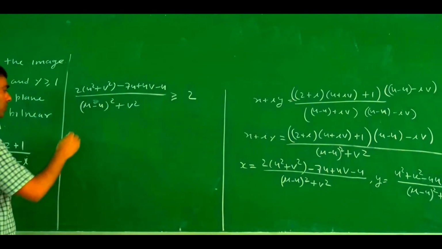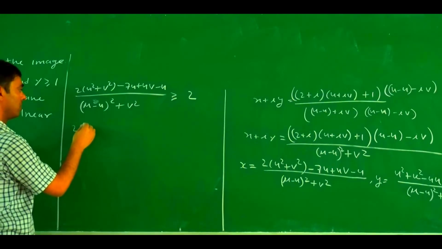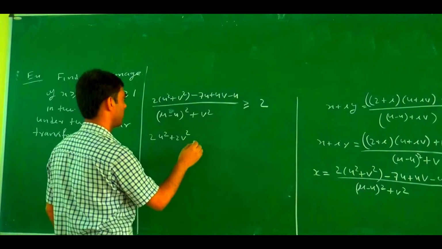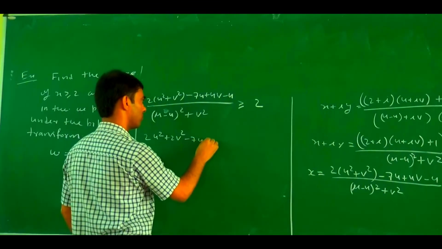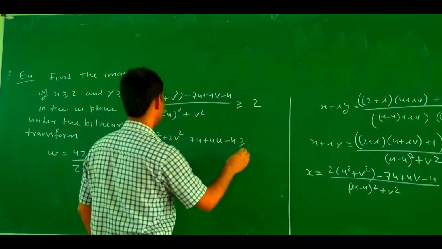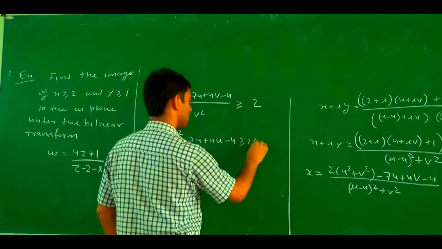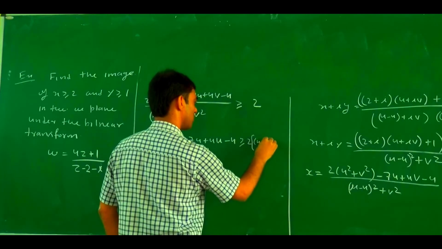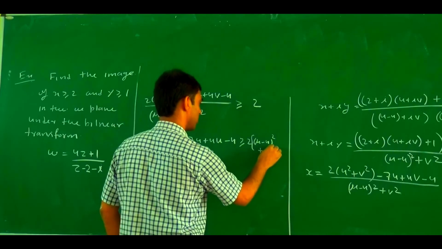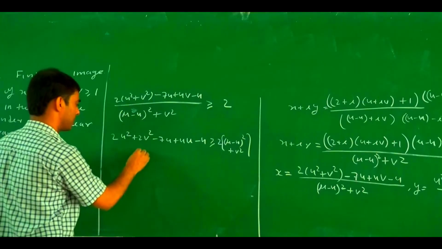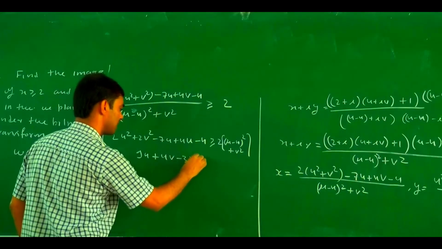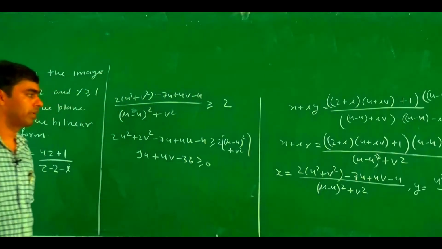If we simplify this, it becomes 2u² + 2v² − 7u + 4v − 4 greater than or equal to 2 times ((u − 4)² + v²). This will become 9u + 4v − 36 greater than or equal to 0.